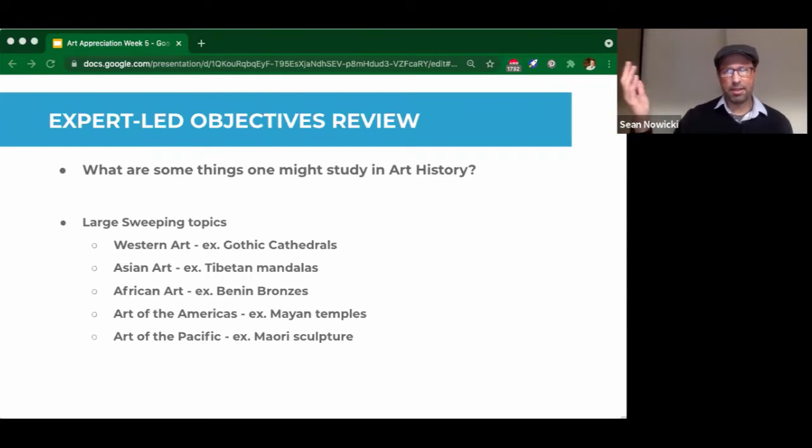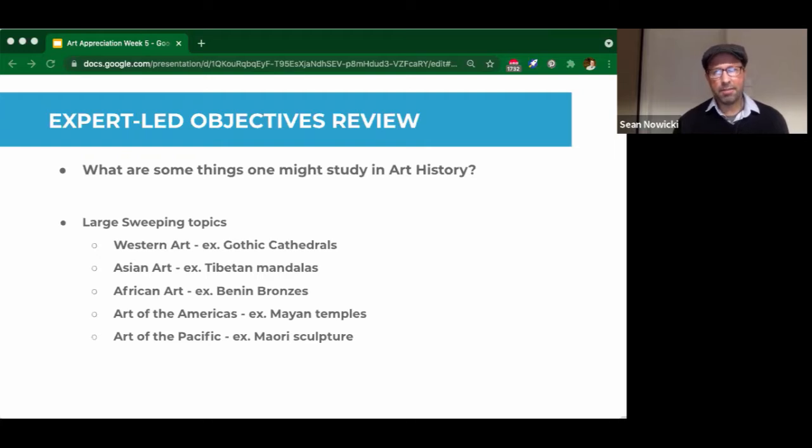Like that desk that we looked at last week is art of the Americas, in that it's by an indigenous, a native Canadian person who made it. So anybody who makes art that is indigenous to North or South America is art of the Americas.